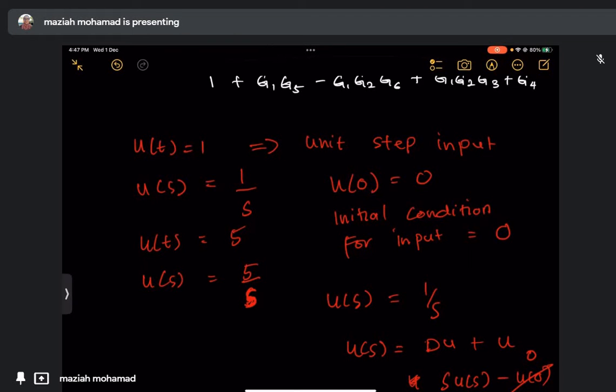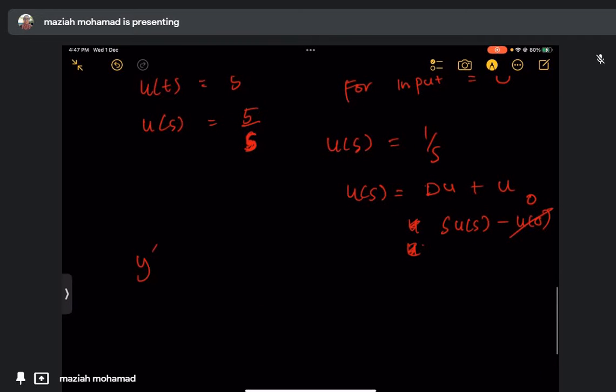For example, in this question, the initial condition is mentioned. Initial condition y(0) is equal to 0 and y prime (0) equal to 1. Or it can be written as dy(0) over dt equal to 1. Sometimes you write y prime (0).